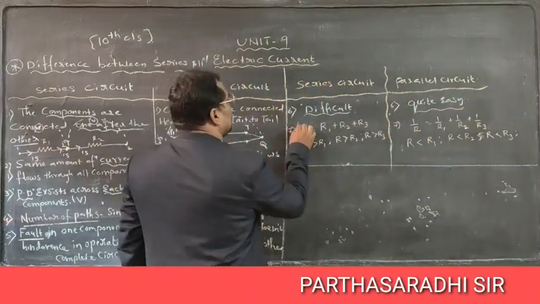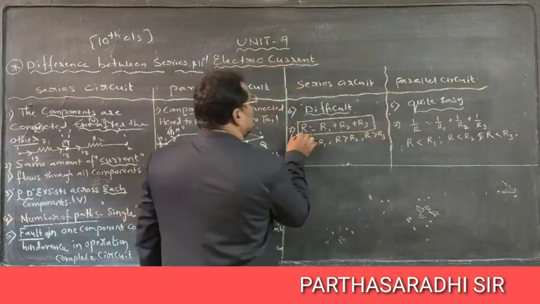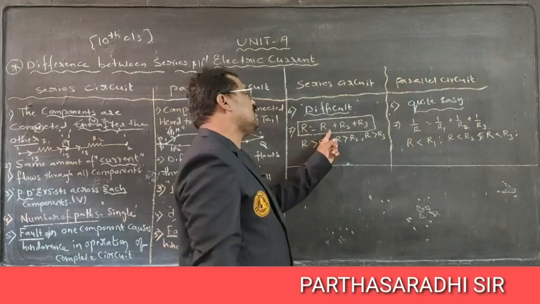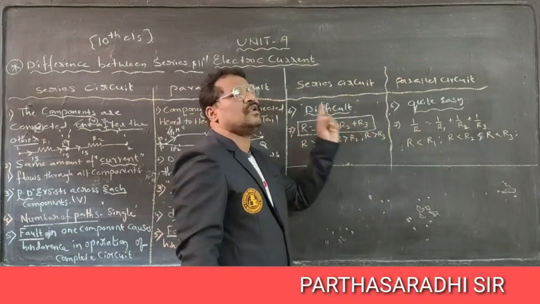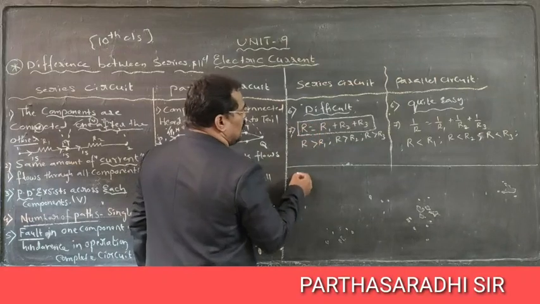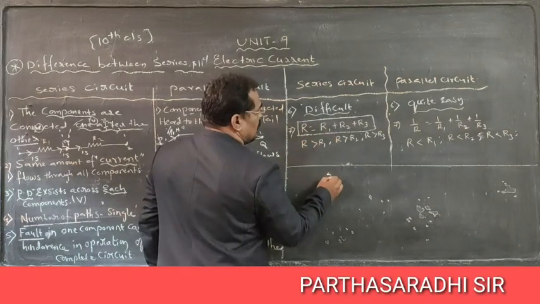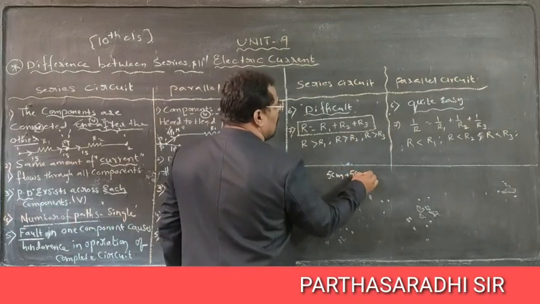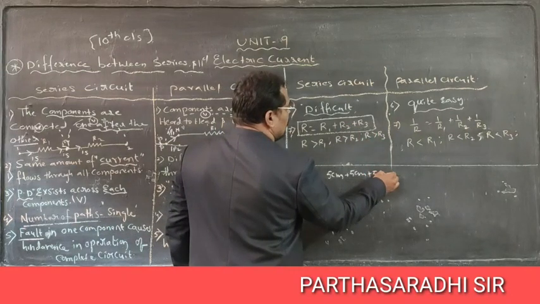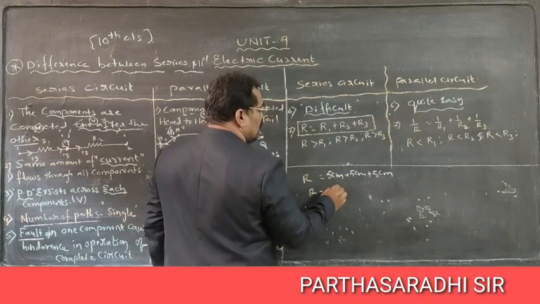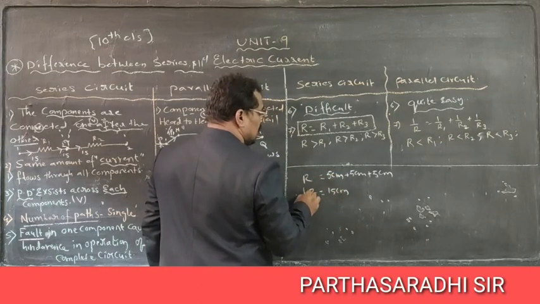Coming to the seventh point, equivalent resistance. In series, the equivalent resistance of resistance wires is equal to the sum of the resistances of the individual wires. For example, if R1 is equal to 5 centimeter, R2 is equal to 5 centimeter, R3 is equal to 5 centimeter, the total equivalent resistance R will be equal to 15 centimeters.